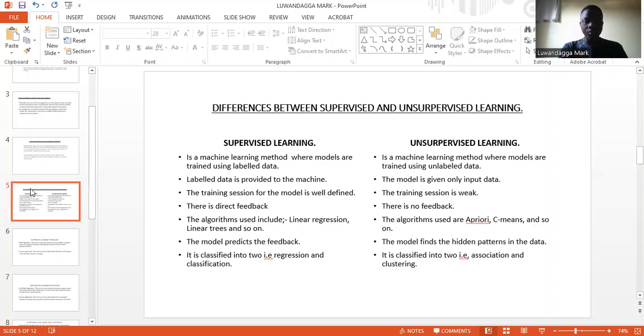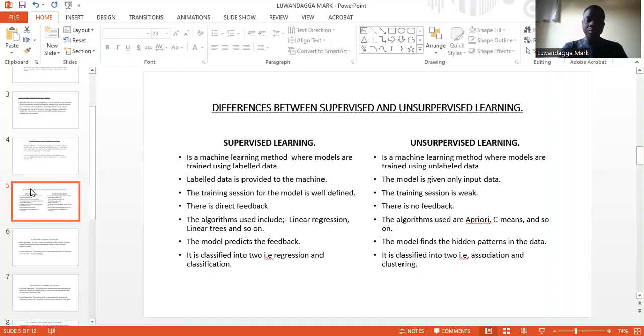The training session in supervised learning is well defined. This is very clear because data is fed directly into the model since it is labeled, unlike in unsupervised learning where the machine has to learn on its own.